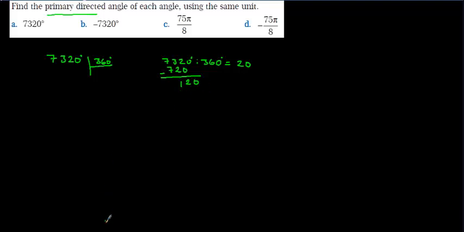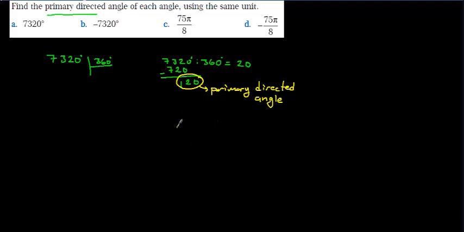This remainder is very important because the remainder is going to be our primary directed angle.